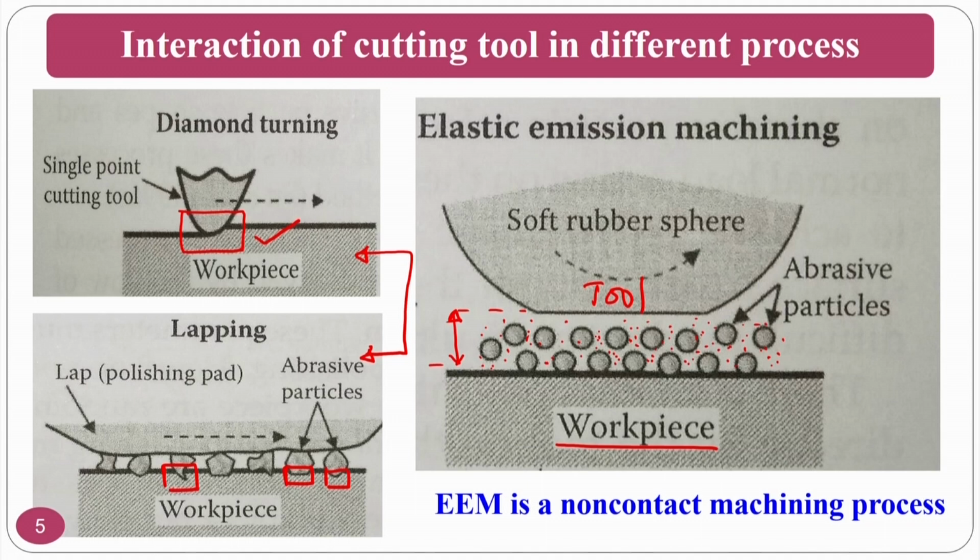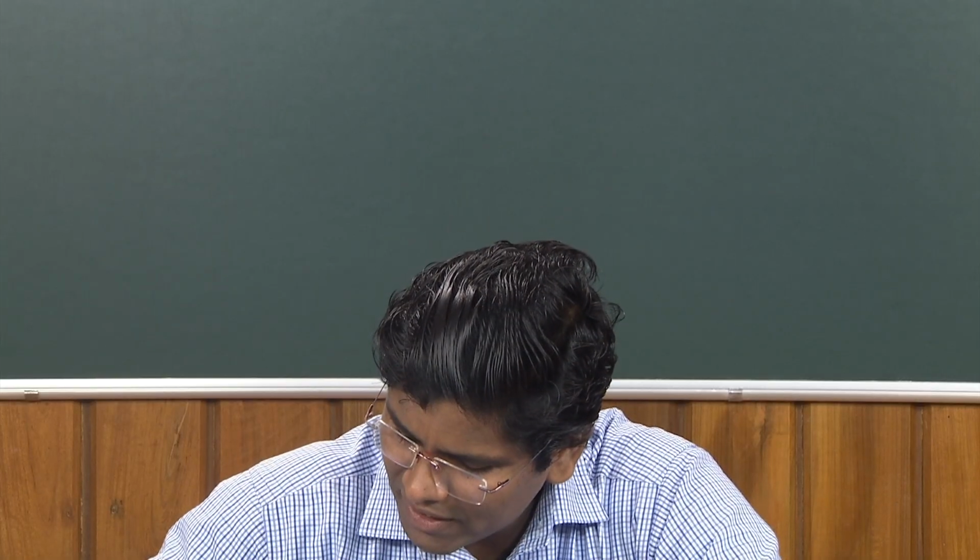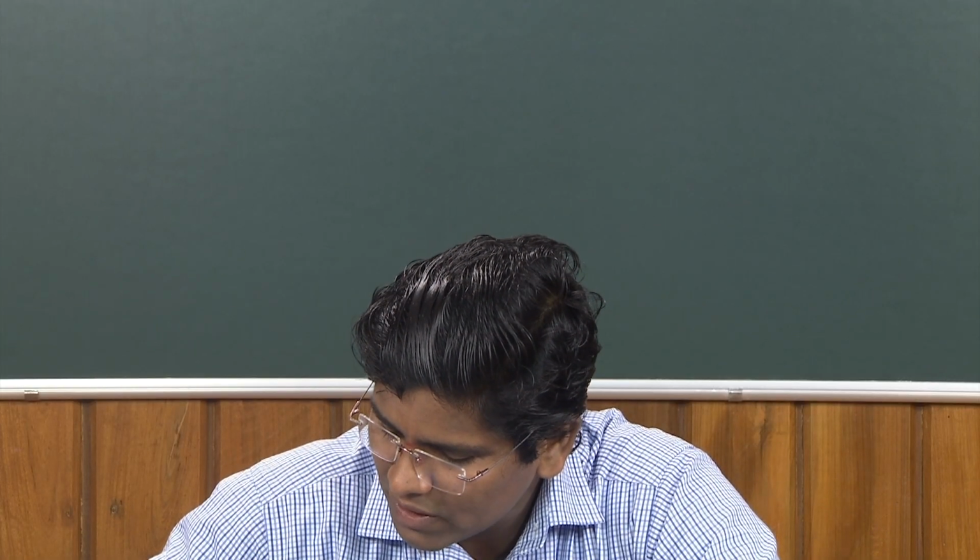Okay. So, in this particular case, as you see, diamond turning as well as lapping have complete contact, here there is no contact. If there is no contact, what will happen is you may not get any feed marks. Okay.